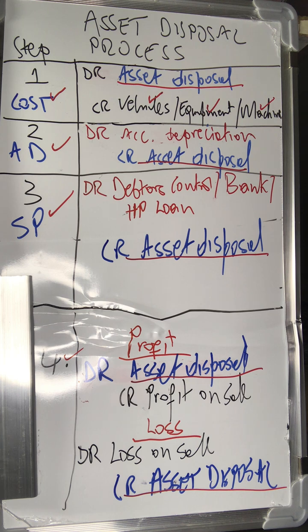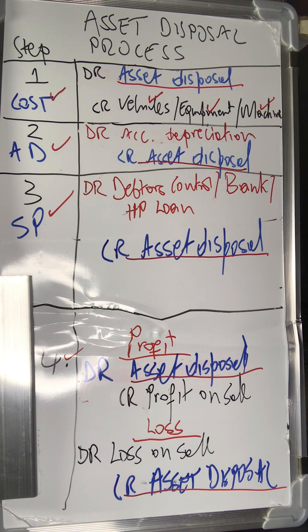Then you go to step number 2. Step number 2 now is whereby you are getting rid of the accumulated depreciation of this particular asset. Accumulated depreciation is a negative asset. A negative asset, by virtue of its name, is going to increase on the credit side because it has a negative impact on our positive assets.